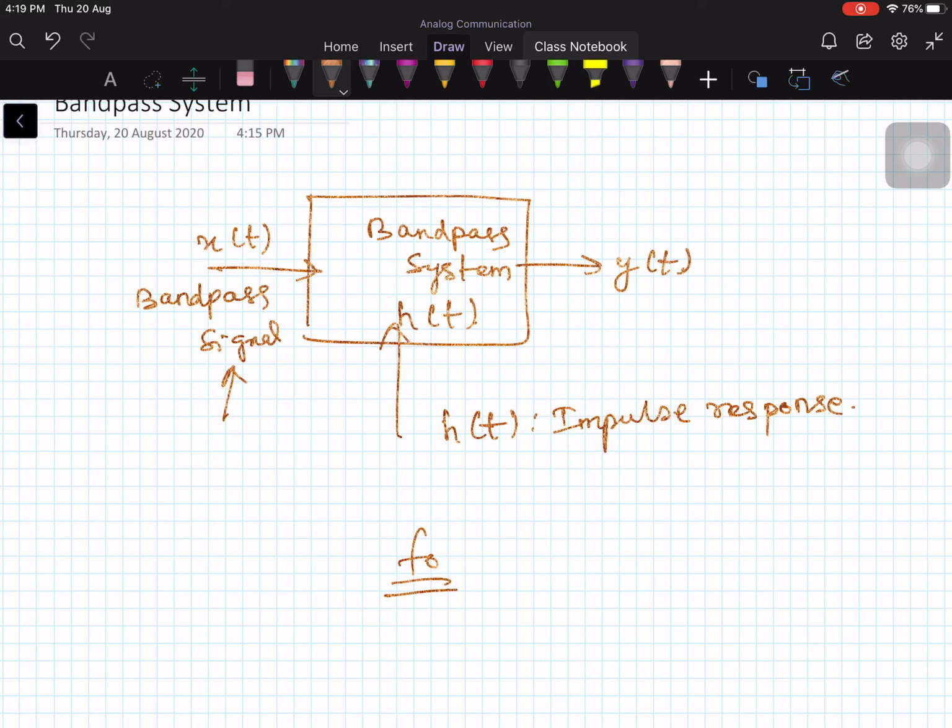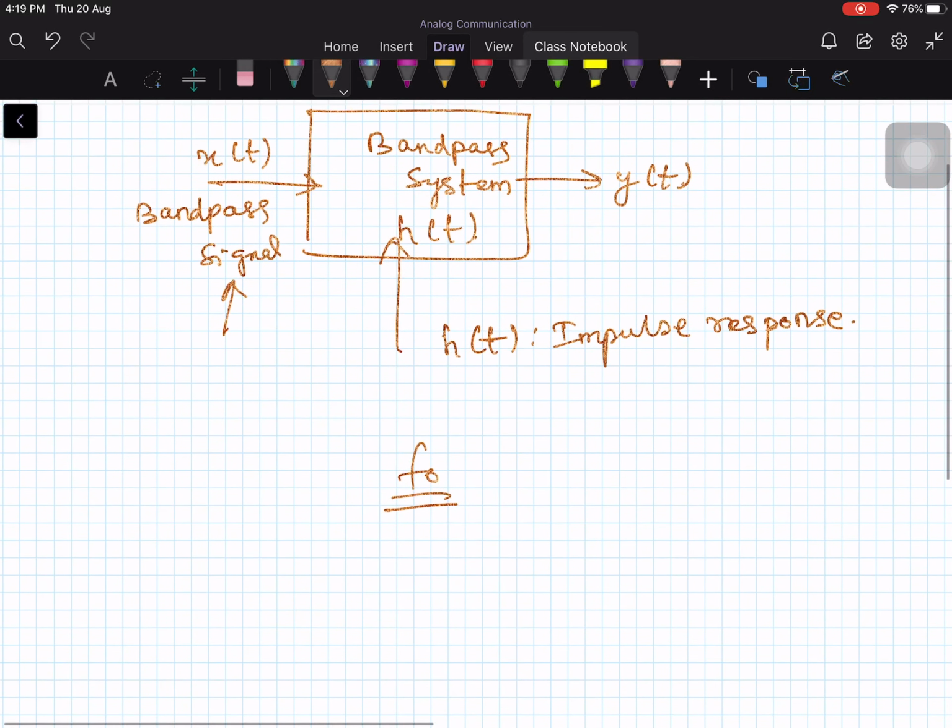We want to shape the spectrum of the input signal by passing it through this bandpass filter. So y of t is the output, and how would the output signal be shaped when you pass the bandpass signal through a bandpass system? You say, what is the big deal?